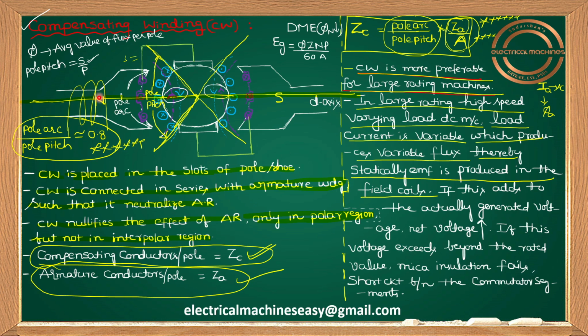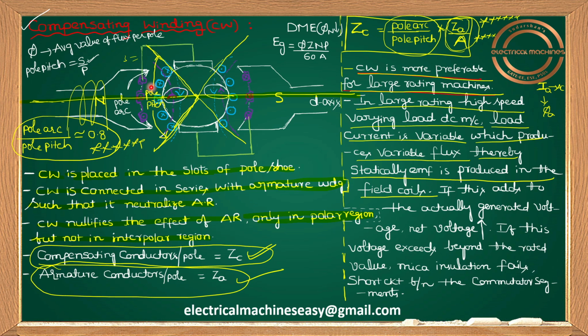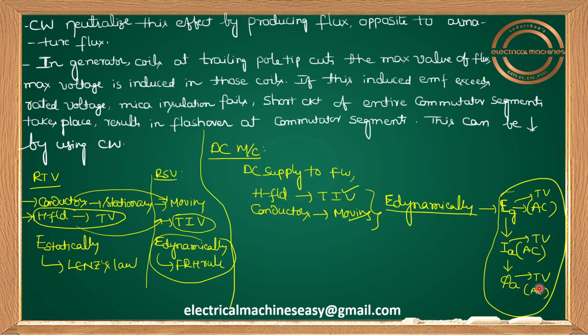The field winding is placed on the stator, so take the field winding as a conductor which is stationary, not moving. And the armature flux phi A, because of the armature current, is time variant.